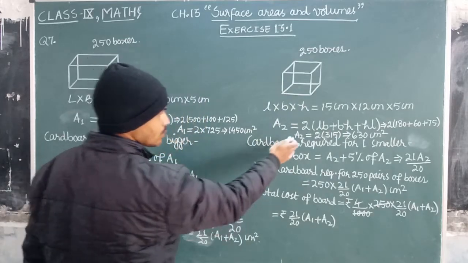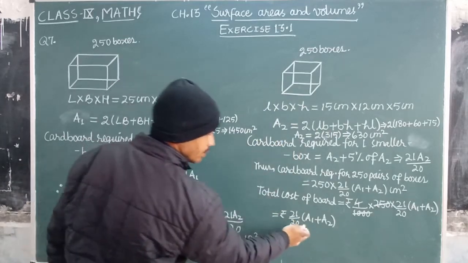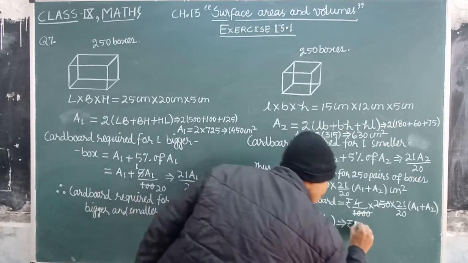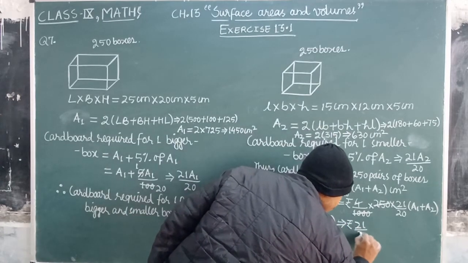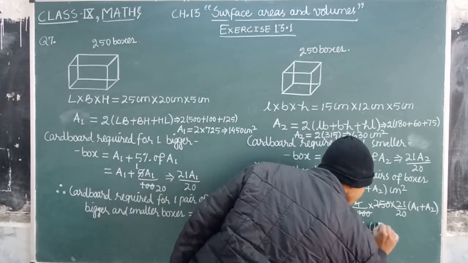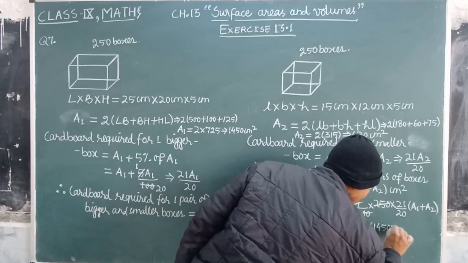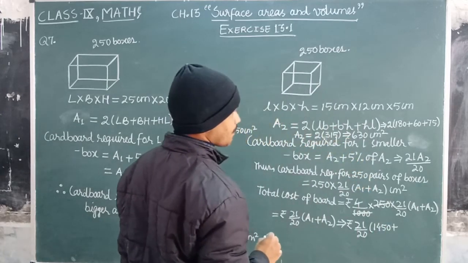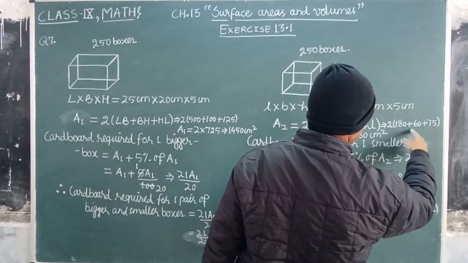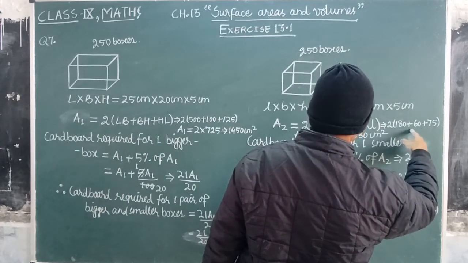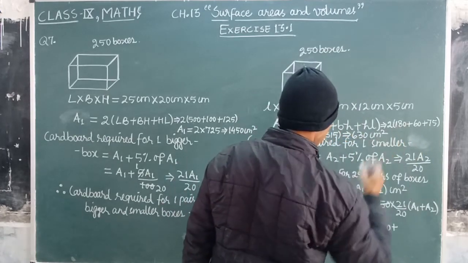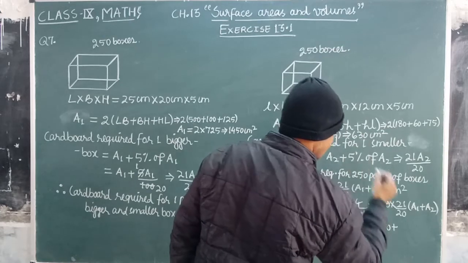Let's use the values of A1 and A2 in this relation. So this equals rupees 21 upon 20, bracket A1 is 1450 plus A2 is 630.